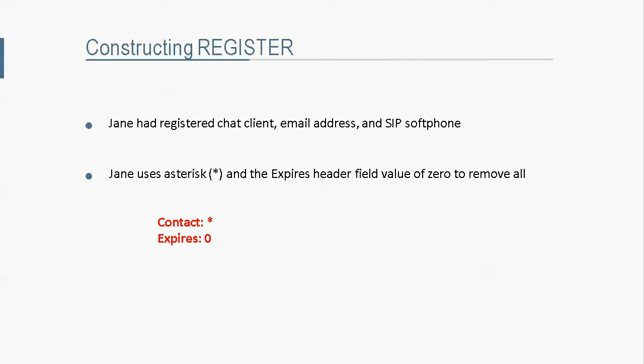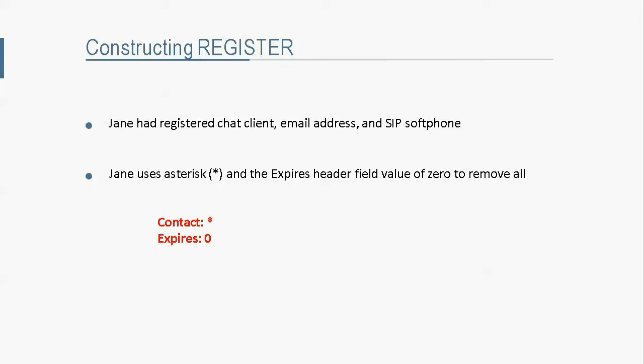Well, what if Jane has, as described in an earlier example, a chat client, an email address, and a SIP softphone installed in her PC, all registered, and she wants to simply unregister them all? She could certainly follow the procedure we have just talked about and send separate register requests for each entry to remove them individually.